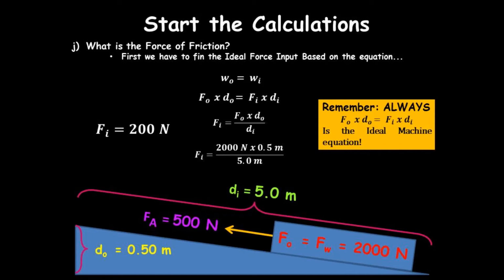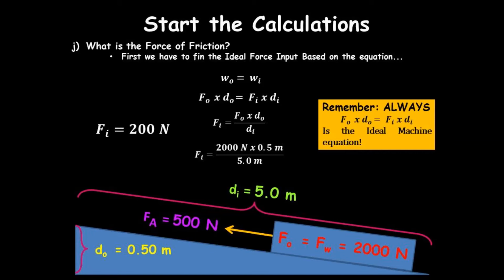I set the ideal machine equation, rearrange it and set it equal to Fi: F output times distance output divided by distance input is going to be 2,000 newtons times 0.5 meters divided by 5 meters, and that's going to be 200 newtons.